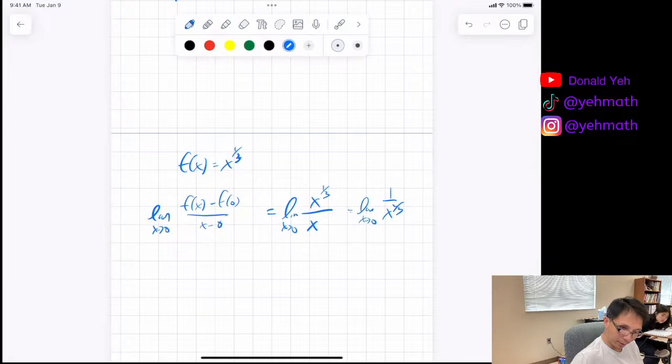If you plug in 0, it's going to be does not exist. So yeah, you can use the alternative definition of the derivative, and you can find out this actually does not exist. You don't have to use the power rule.